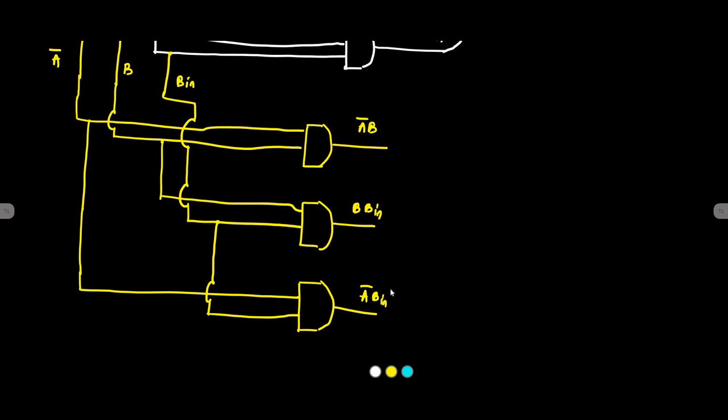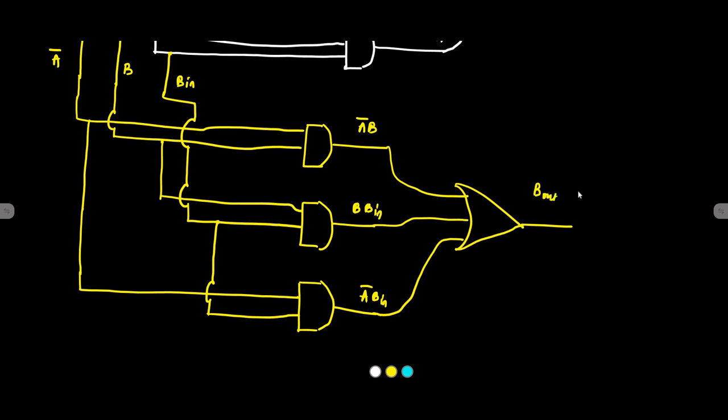Okay, so A bar B, B, B in, A bar B in. So now we have to use a 3 input OR gate. So this is the output borrow, which is equal to A bar B or B, B in or A bar B in.